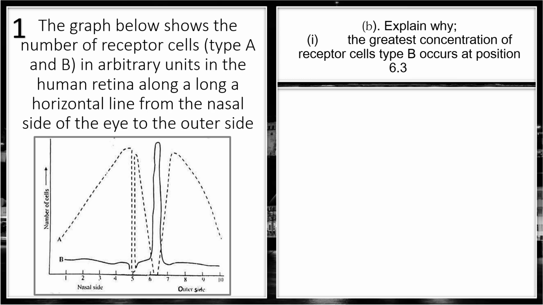Part B. Explain why the greatest concentration of receptor cell type B occurs at position 6.3.